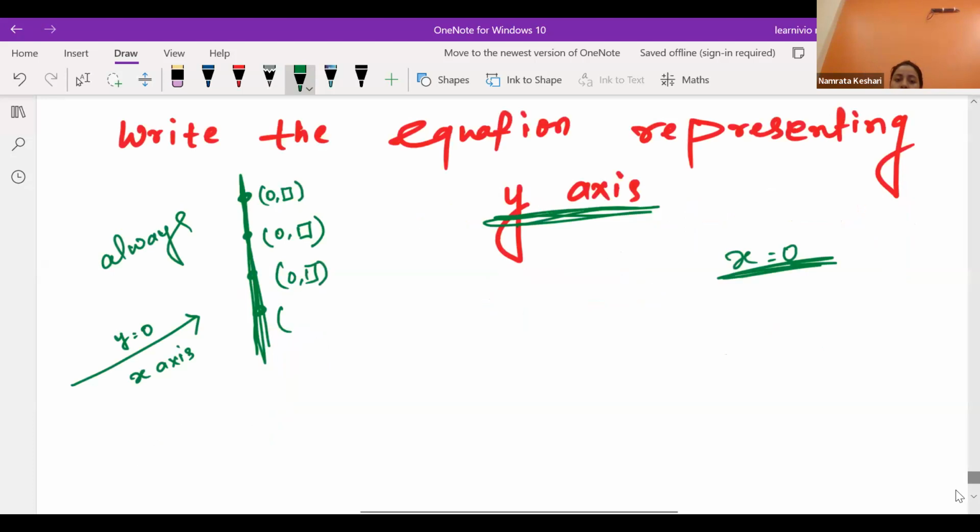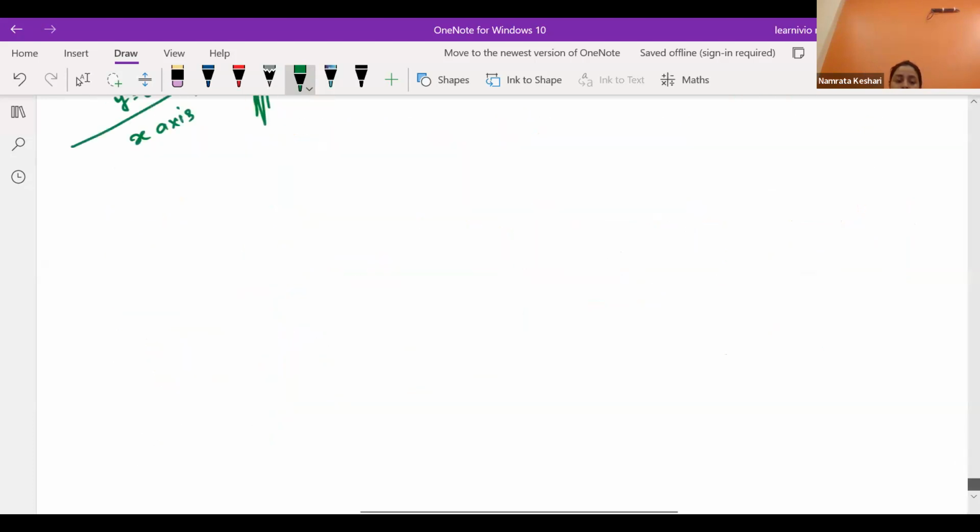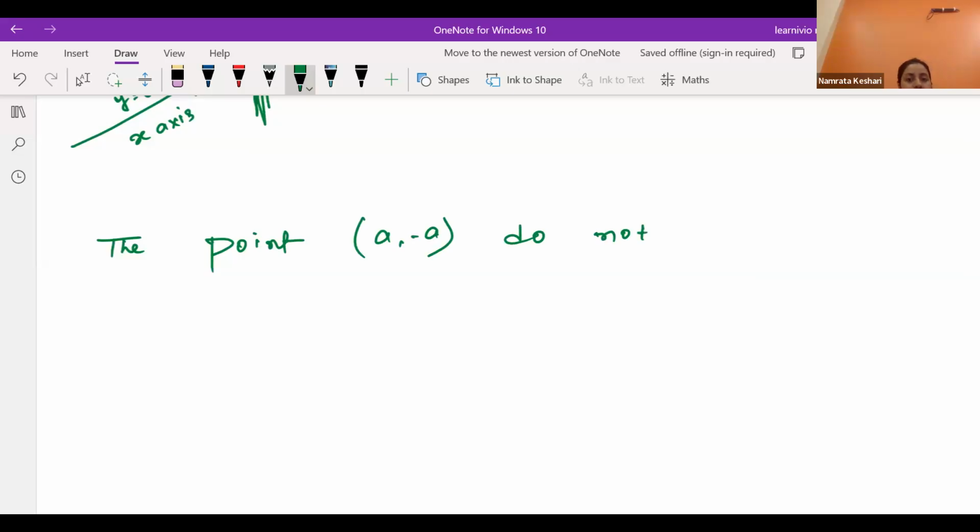Now the next question is: the point (a, minus a) does not lie on the line x equals a, y equals minus a, y equals x, and x plus y equals 0.